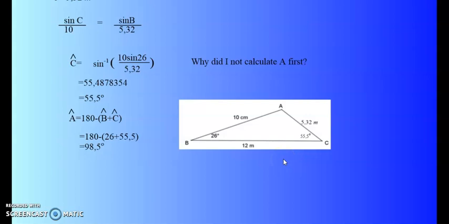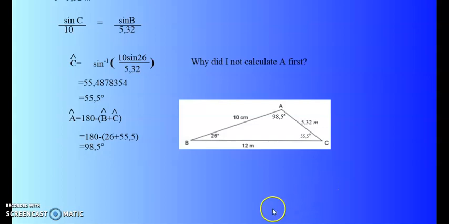So 180 degrees minus (26 plus 55), that gives me 98,5 degrees. The size of angle A is 98,5 degrees.